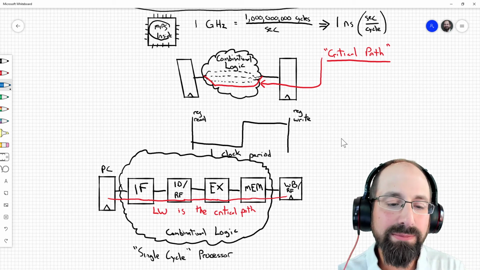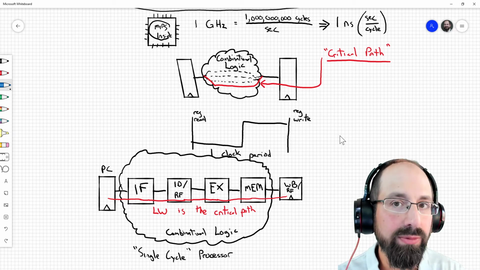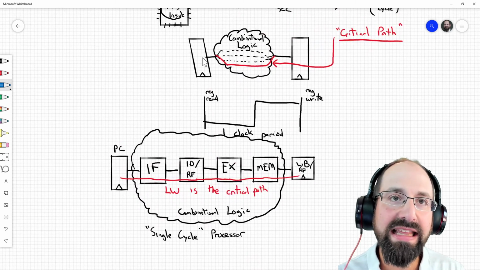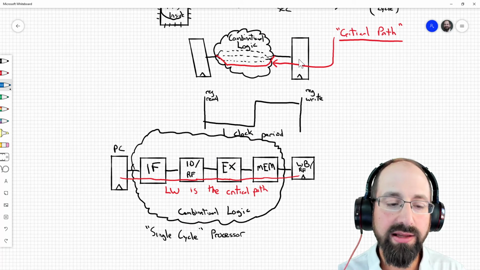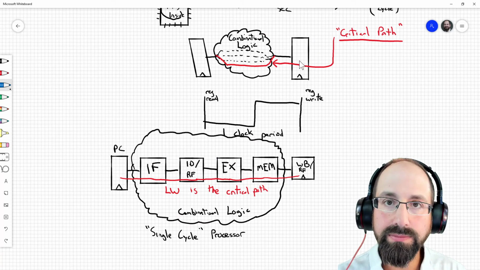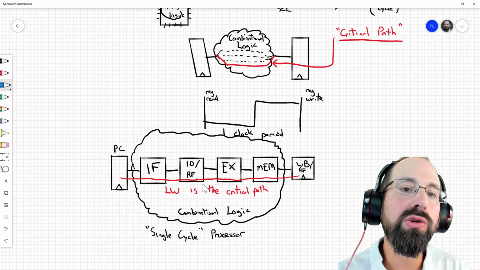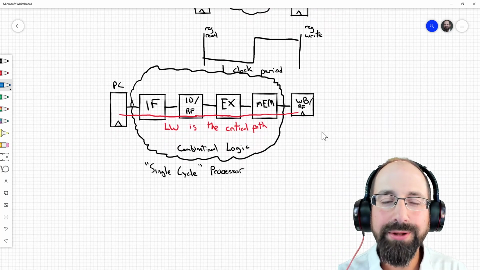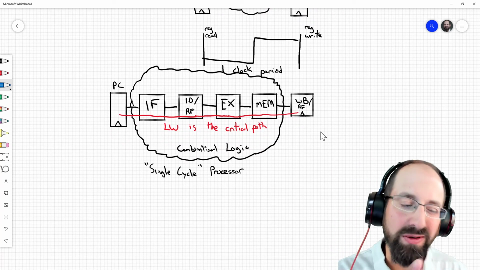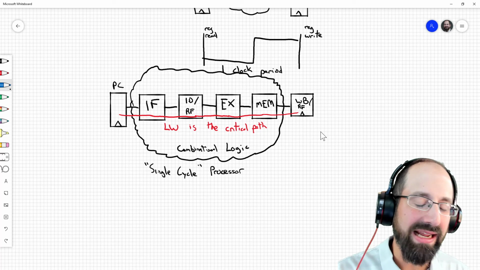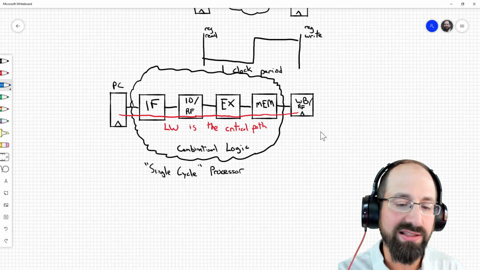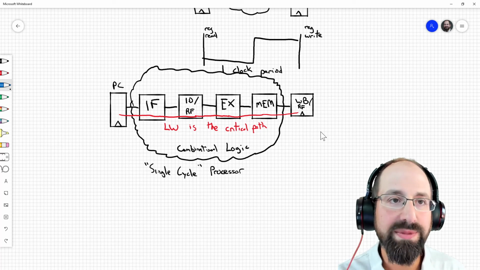And for our MIPS implementation, a single cycle implementation of our MIPS, in which our goal is to get the entire instruction done in one single cycle, it's the load word instruction. And the logic to support the load word instruction would be another way to phrase it, I guess. It's the load word instruction that is the critical path of our MIPS processor.